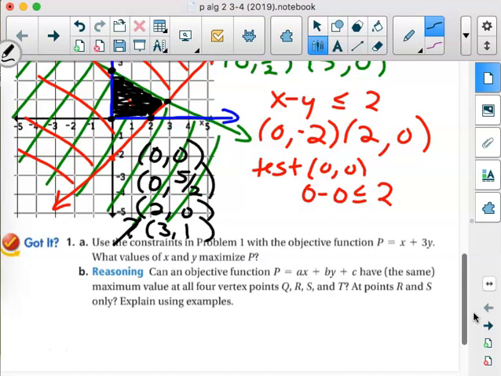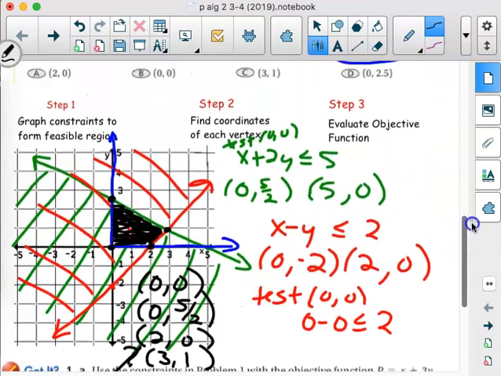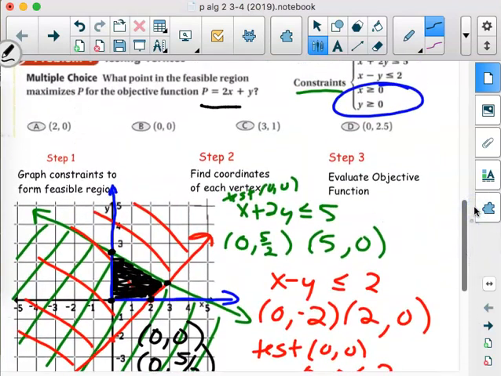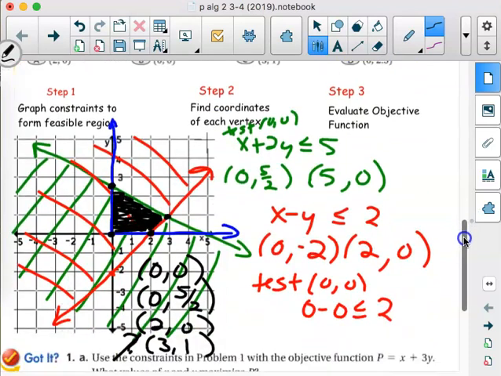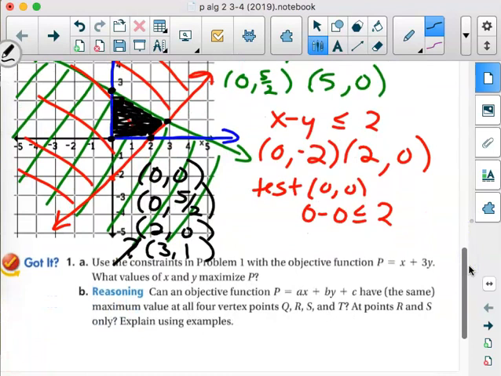Now here's another thing that we do that we already have the skills for. Now that I know where they're at, I'm supposed to figure out, when I put those x's and y's into this, which one kicks out the biggest profit? So P equals 2x plus y.